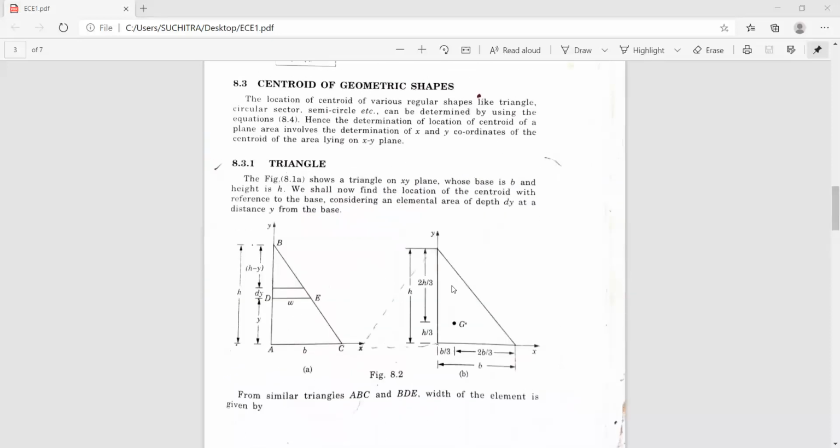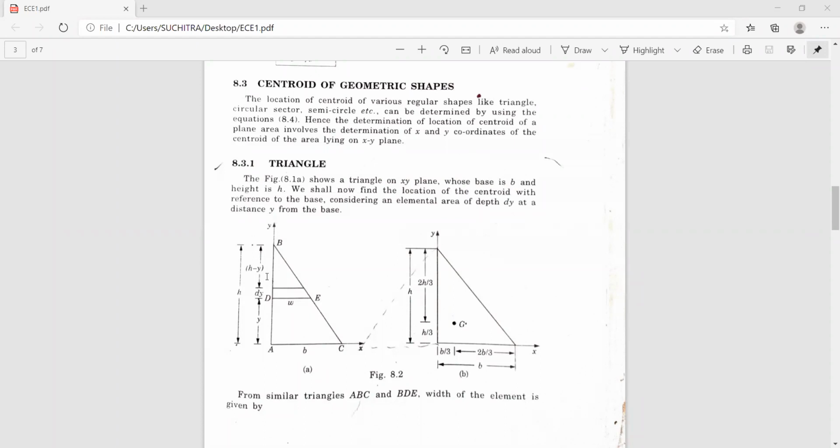So now you can see here, this is the figure of a right angle triangle whose base width is b and height is equal to h. The centroidal distance of this right angle triangle with respect to the base, along the height, is h by 3 from the base, and it is 2h by 3 from the apex.